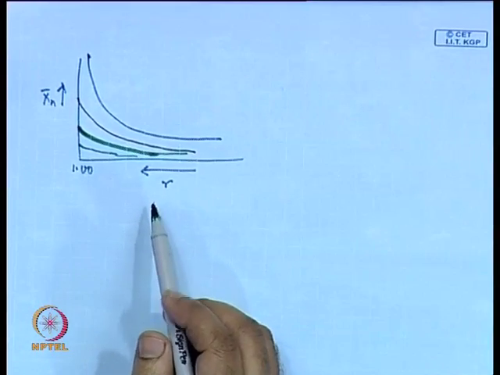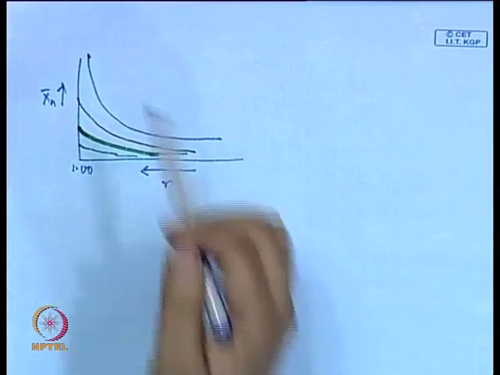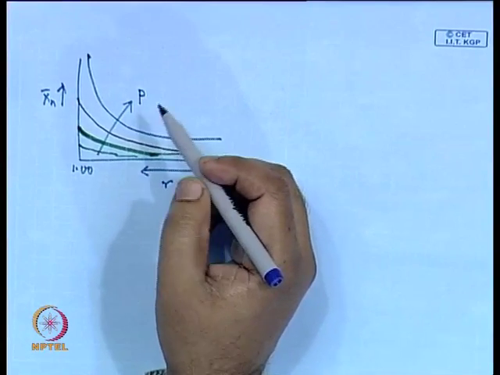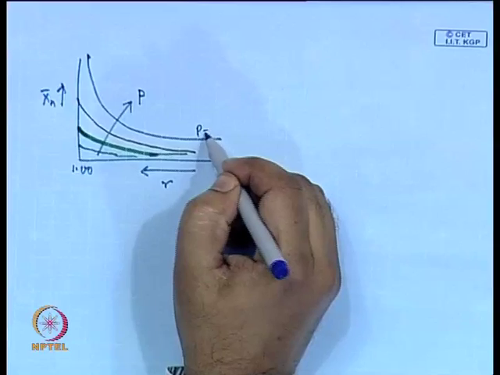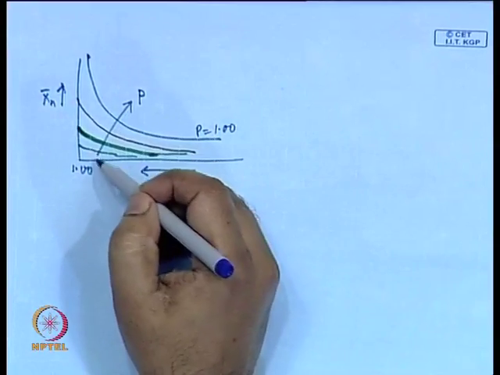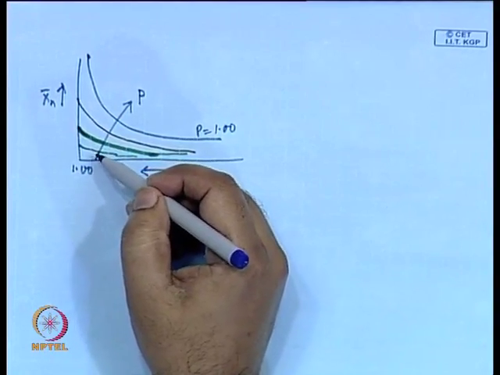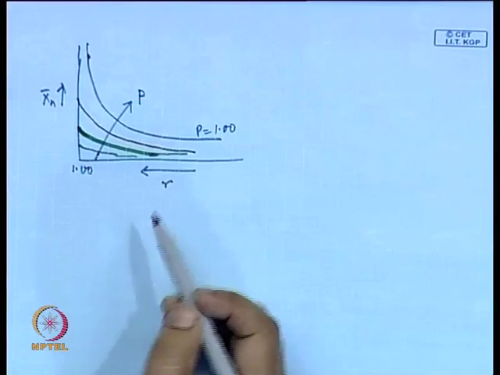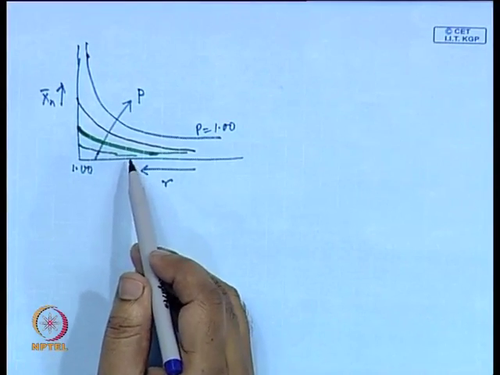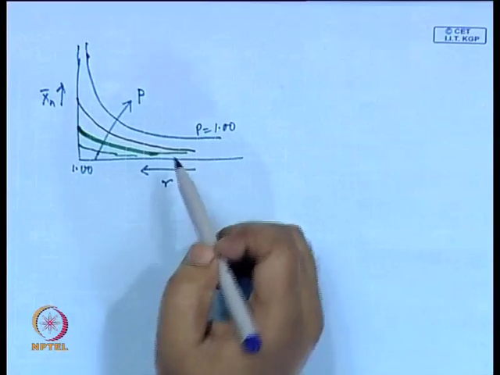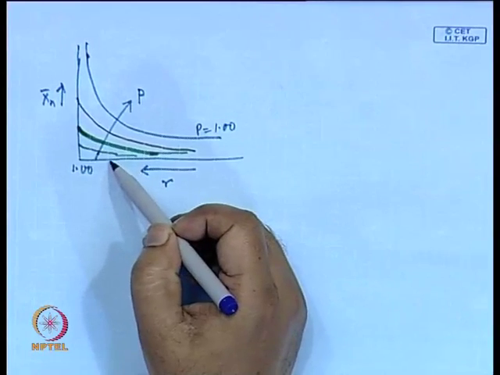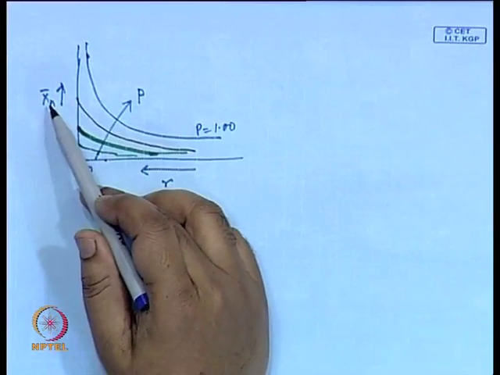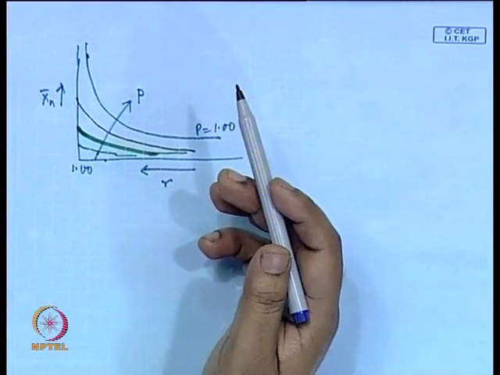So, it will look something like this, where this is the direction of P. P is 1 in this case, and the other curves are for lower P's. Which means for a given R, if you take any R here, as you increase P, molecular weight goes up, which is expected.